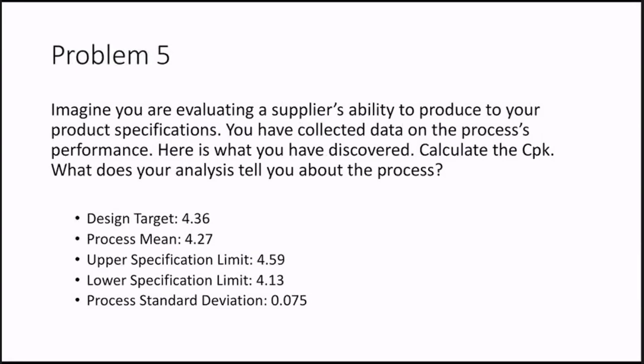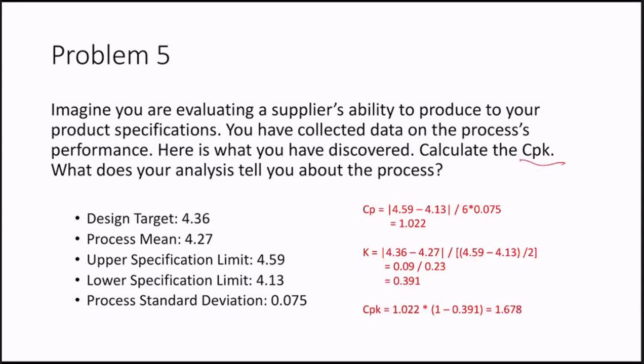It also asks for a CPK, and we use a similar way to calculate the CP first, and then the K, and then we will be able to obtain the CPK, which equals CP times 1 minus K, and we obtain 1.678 for problem 5.